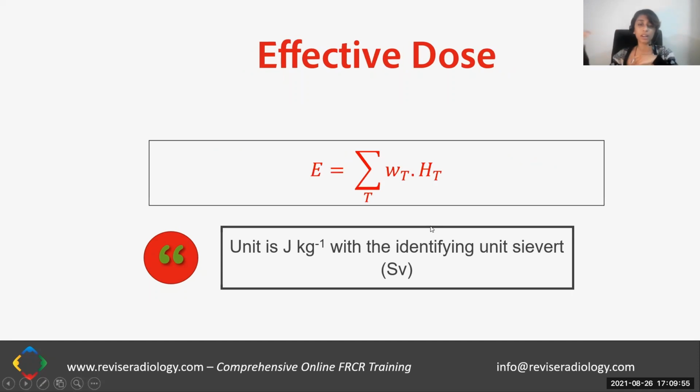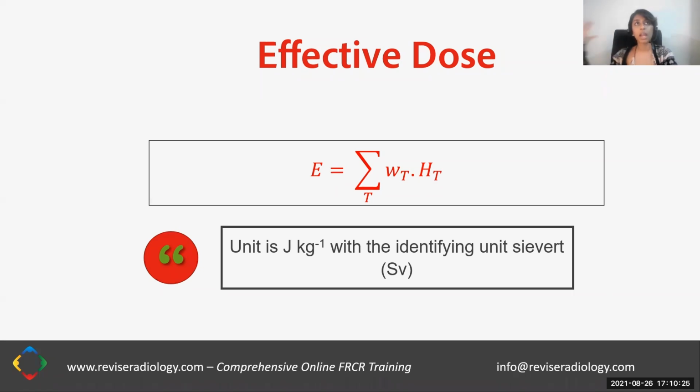The second most important term that we are going to look at is the effective dose. Effective dose is calculated by taking a summation of the equivalent dose over the entire body. For each tissue, you look at the weighting factor for the radiation, as well as how that organ is affected by the radiation, and then you sum that for every tissue in the body to get the effective dose.